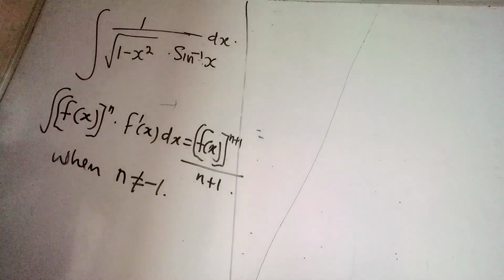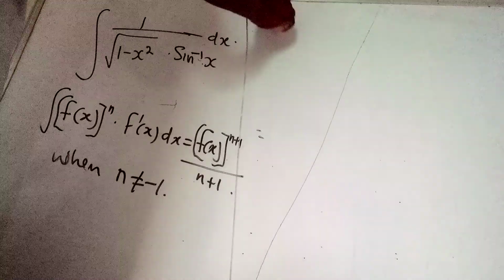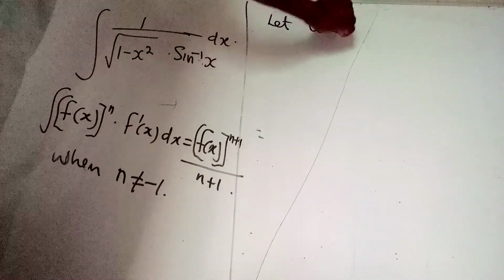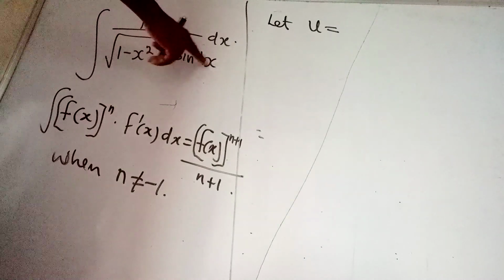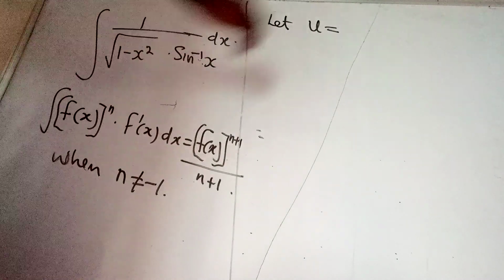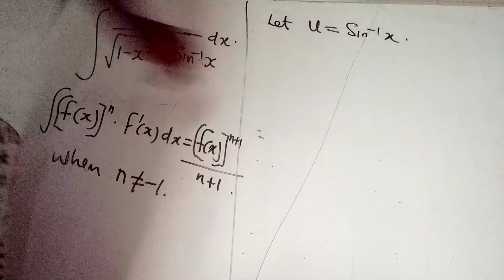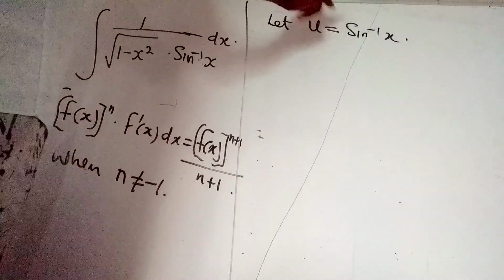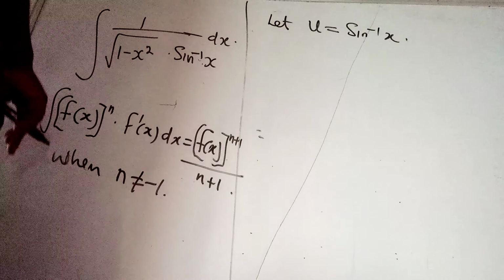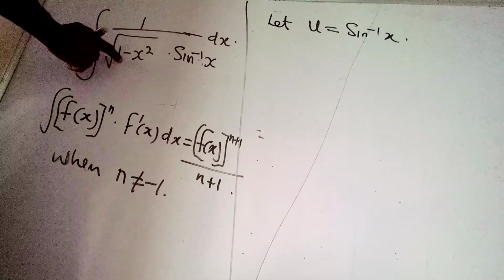Now, the next thing is, I will use the substitution method. Let u equal arcsine x, that is inverse of sine x. Why am I doing that? Because I know if I differentiate inverse of sine x, I am going to get something like this.